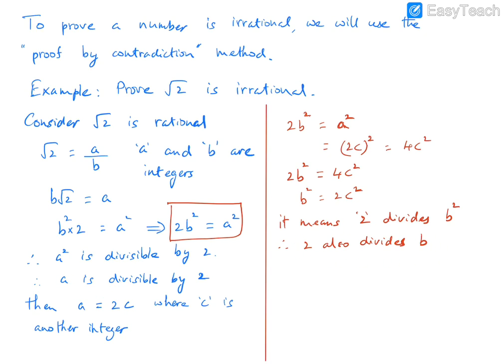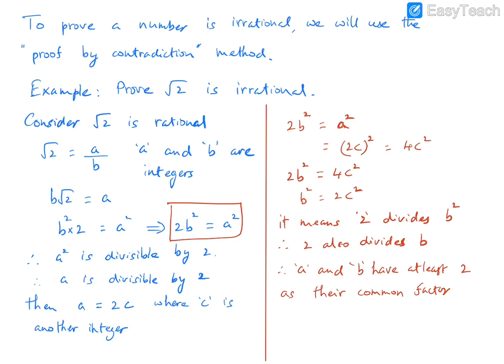Therefore a and b have at least 2 as their common factor. But this violates that a and b have no common factors other than 1.